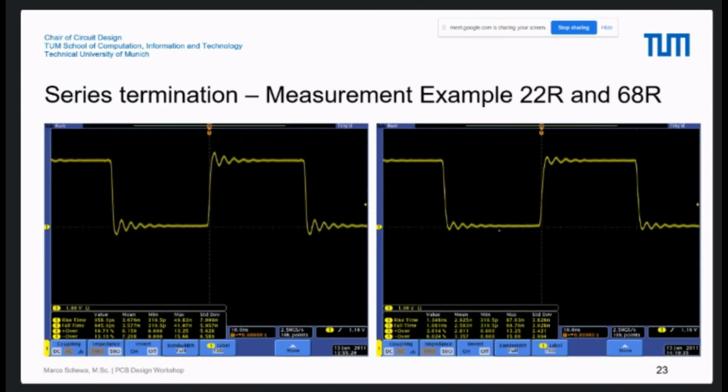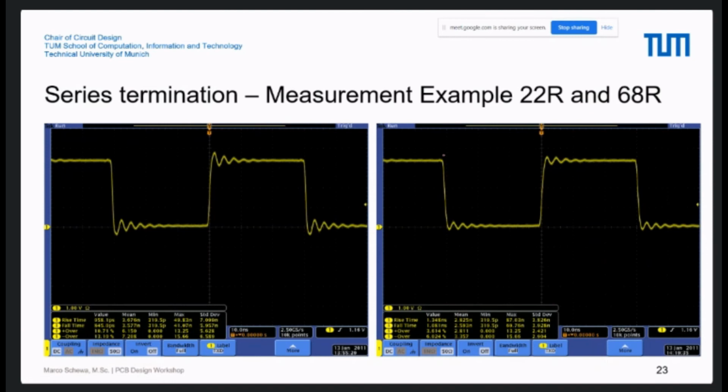Here's one example, if you have a 22 ohm resistance. You see you have a small overshoot and undershoot, and you have a settling time here. If you increase the resistance, you can decrease your overshoot and undershoot, and the settling time is also a little bit faster.